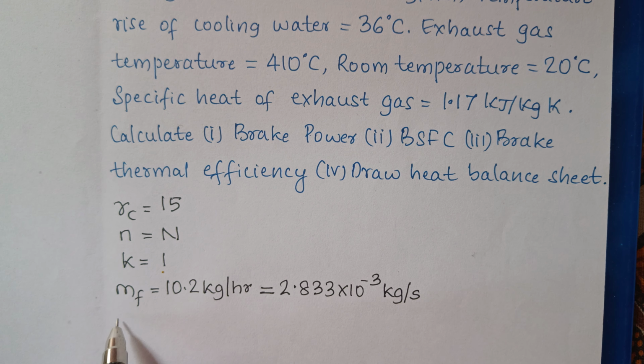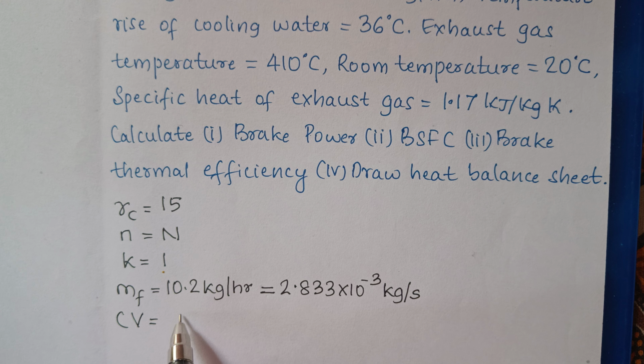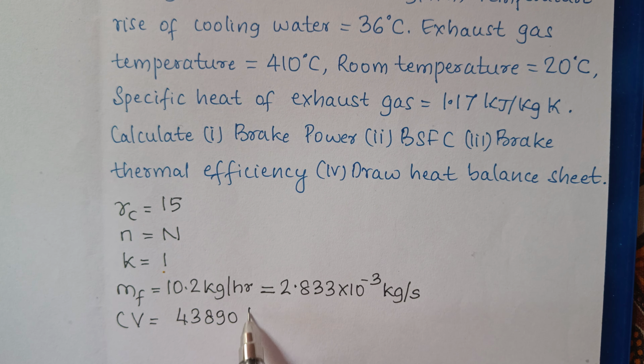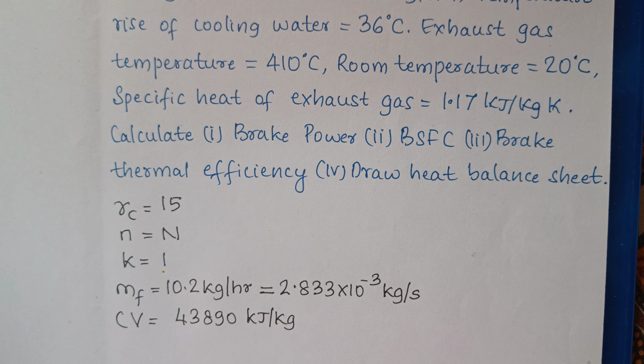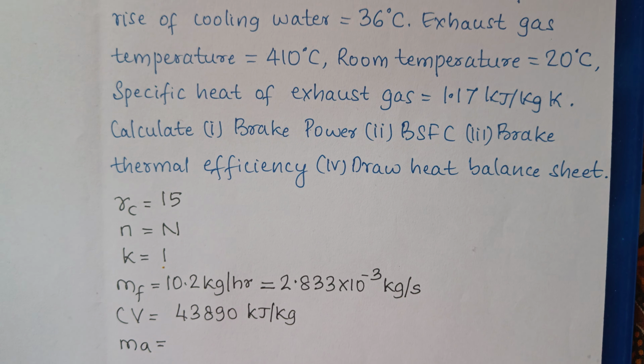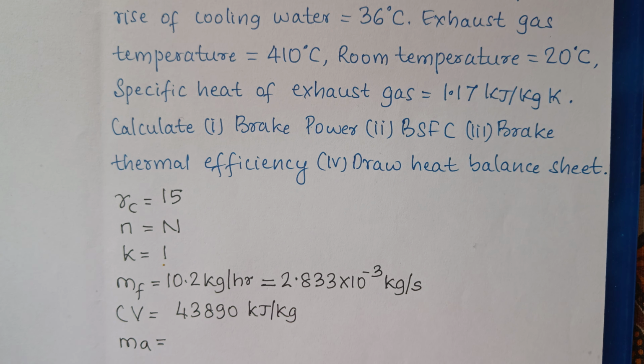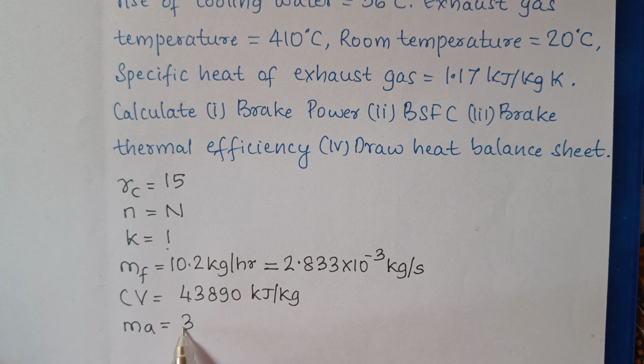Then next, calorific value is given. CV is equal to 43,890 kilojoules per kg. Next, after that he has given us the value of air consumption, that is MA. Air consumed MA is equal to 3.8 kg per minute.